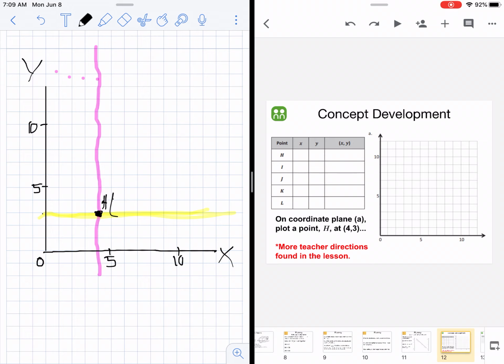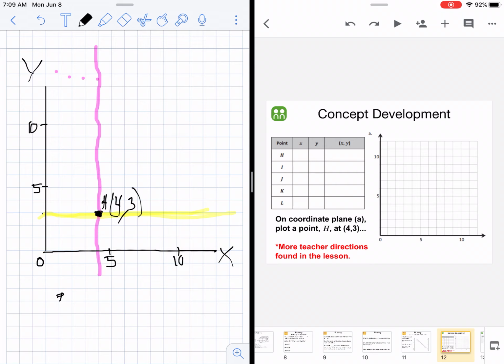Tell me the coordinates of this. What is our x coordinate, everyone? 4. And our y coordinate is 3. So 4, 3. So in that table that you see off to the side, hopefully you have that as well.